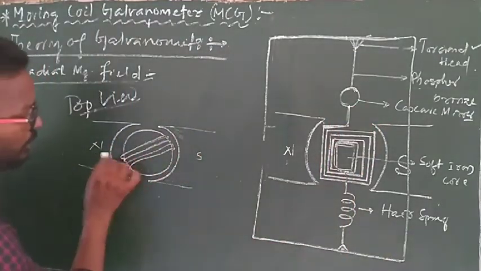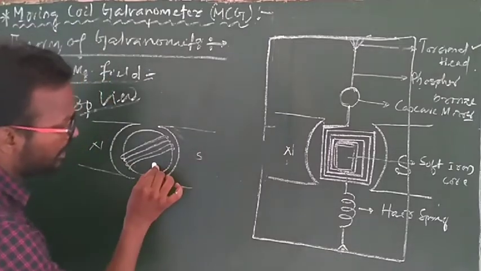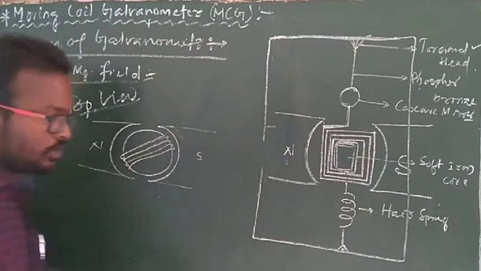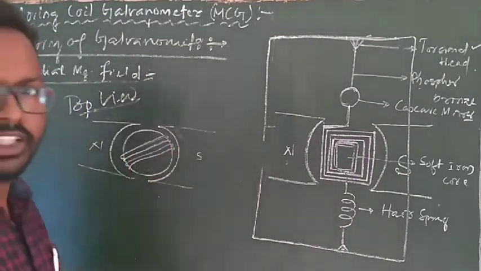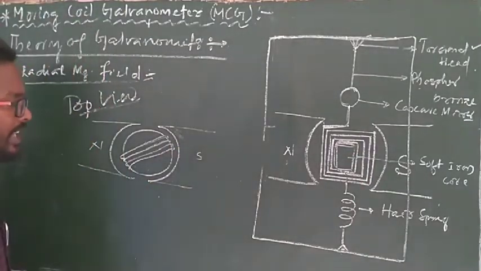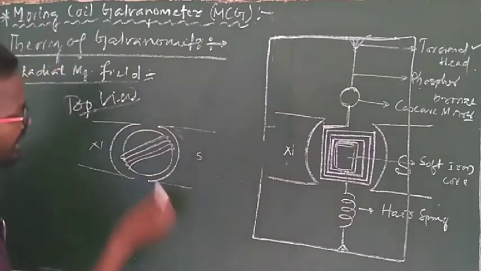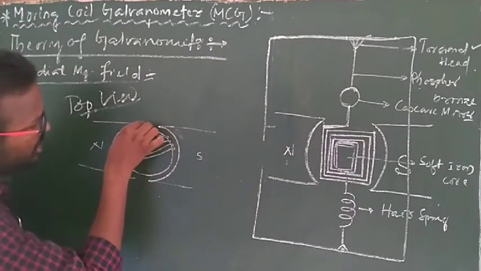So this is the north pole and this is the south pole, this is the soft iron core, and this is the number of turns wound over the soft iron core. Clear? Now we have to draw the magnetic lines. This is just like a circle.